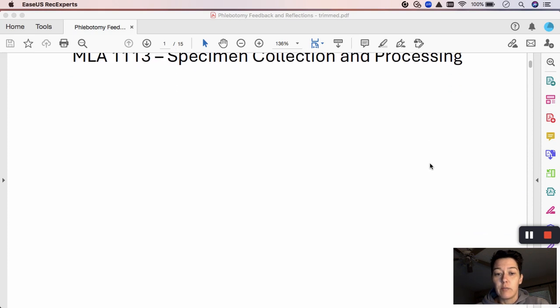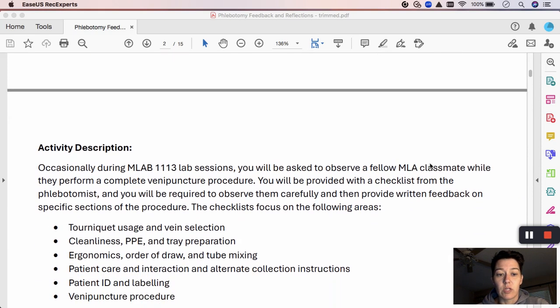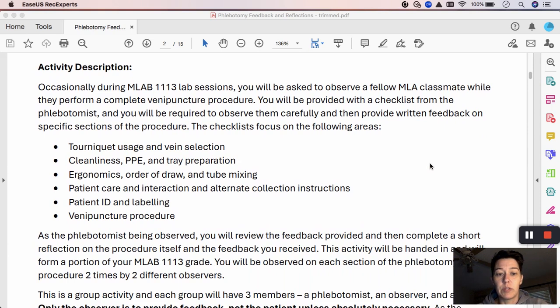I've broken down the phlebotomy procedure into multiple different areas that we need to focus on for safety and for accuracy for our patients. I have broken it down into 6 bullet points here, different areas to observe.